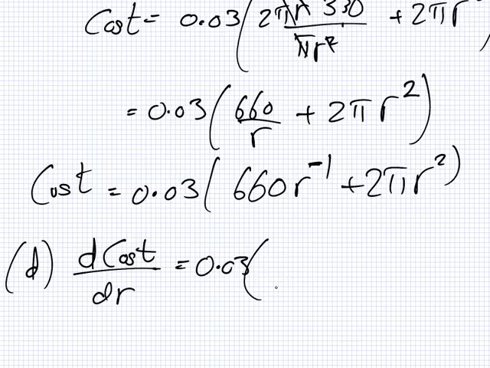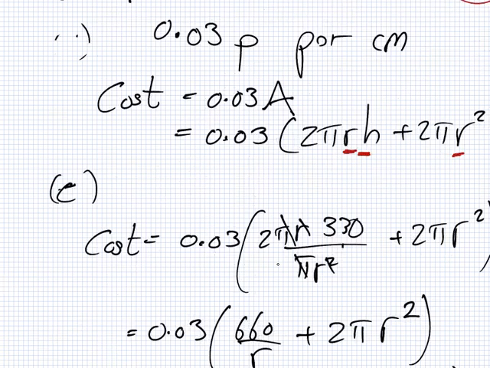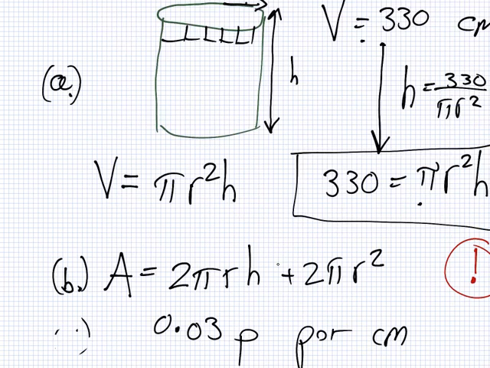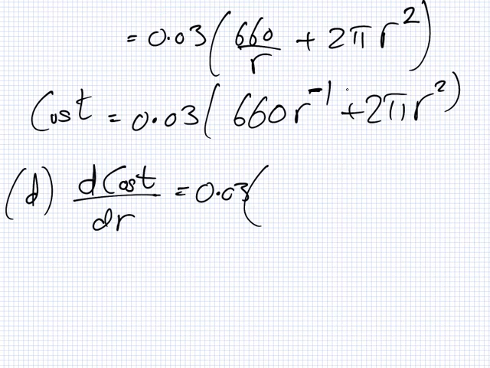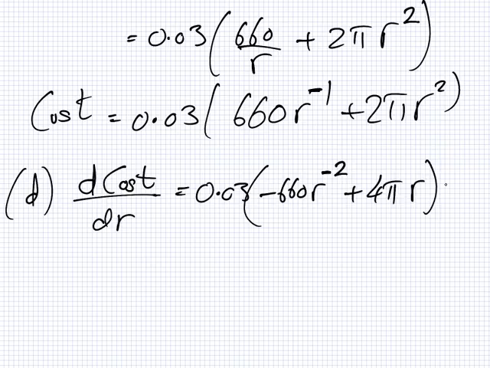Now what's going to happen is I'm going to find the r here and sub it back in to the h at the top here to get the h. But at the moment I have an equation with r. I'll use that to find r and then get the h. So here I have minus 660 r to the minus 2 plus 4 pi r, and this should equal 0.